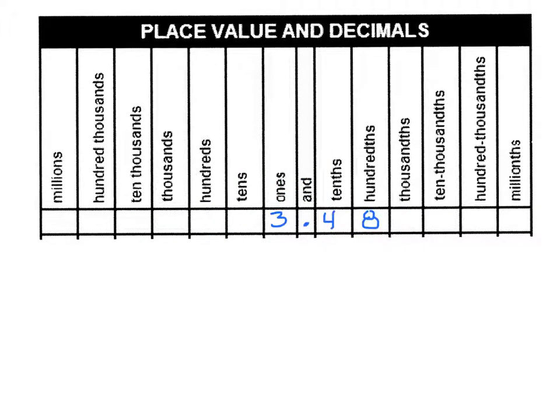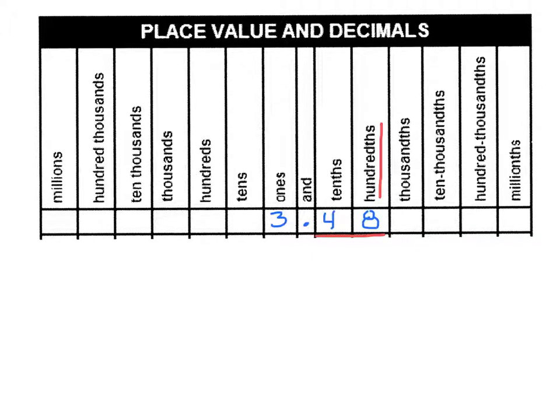Although you will not be tested on this skill per se, it is important to be able to read and write decimal numbers. The number I have right here is 3 and 48 hundredths. And I have 48 hundredths, so I say the number 48, followed by whatever place value is the last place value that I have a significant digit.